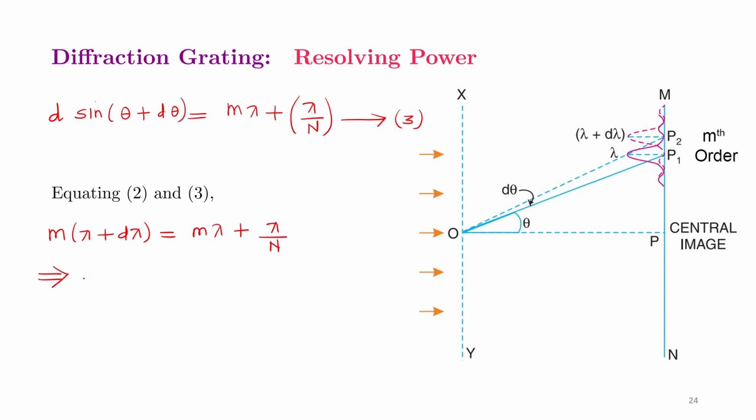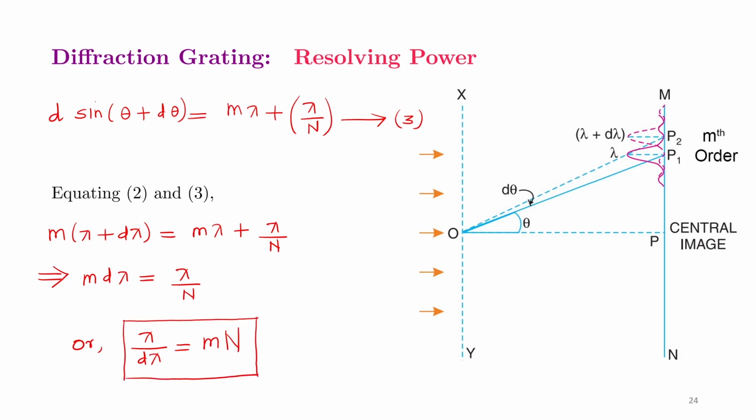And this gives us m d lambda equal to lambda over n, or lambda over d lambda equal to m times n. And this gives the expression for the resolving power of a diffraction grating.